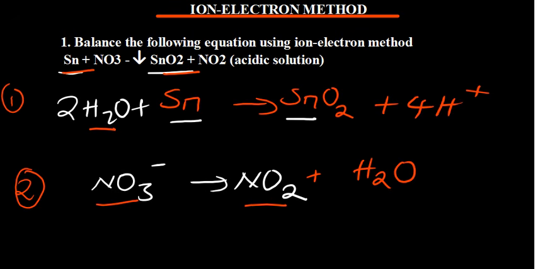The moment we've done that, you've brought in the issue of the hydrogens, so we are supposed to add them on the left hand side. How many are they? There are 2. So 2 there, and there are also 2 on the right. Nitrogen, it's 1. Oxygen, there are also 3. So we've balanced.